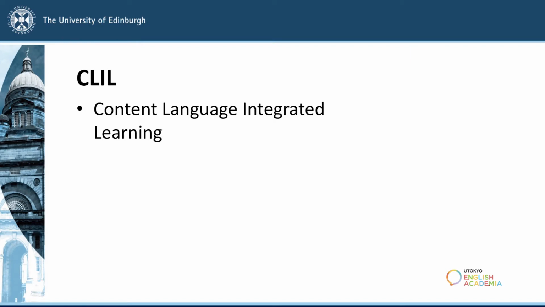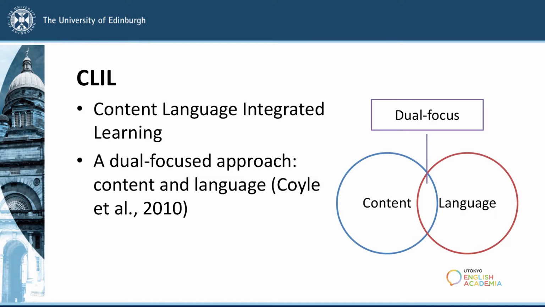This is taken a step further with CLIL, Content and Language Integrated Learning. CLIL focuses on the use of English for the teaching of other school subjects or specific content. It has a dual focus. A useful definition of CLIL is offered by Do Coyle et al., who state that CLIL is a dual-focused educational approach in which an additional language, second, foreign, or minority language, is used for the learning and teaching of content and language.